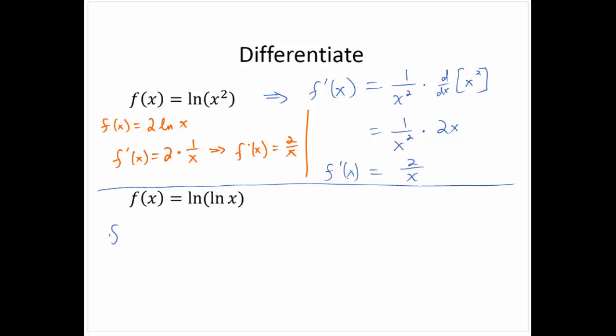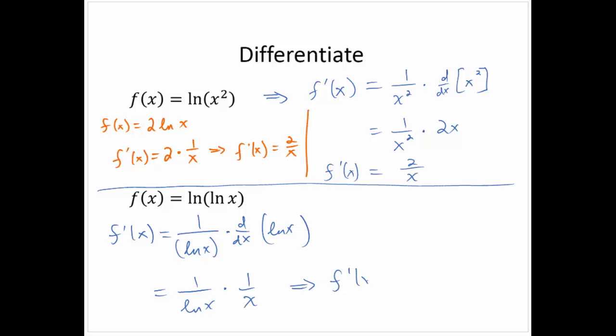So f prime of x would be 1 over natural log x, times the derivative of natural log x, which is 1 over x. And so f prime of x, we would usually write that as 1 over x natural log x.